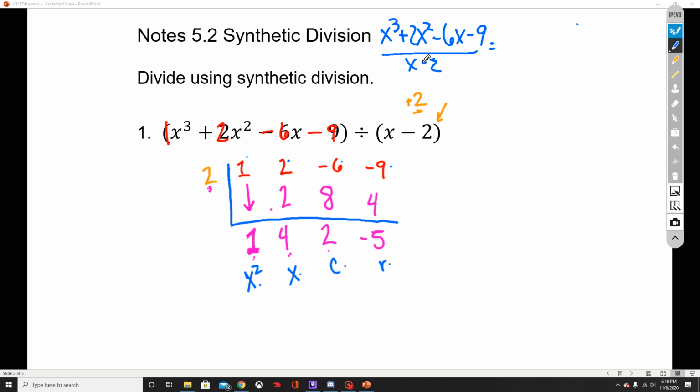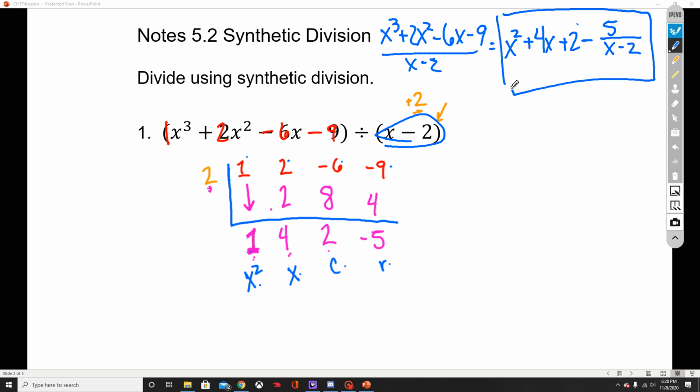If we do this division, what we get is 1x squared, or just x squared, plus 4x plus 2, the constant is 2, and then the remainder is negative 5, and remember the remainder always goes over the divisor. So the remainder of negative 5 goes over the divisor, which was x minus 2. So this would be the quotient when we divide these two polynomials.